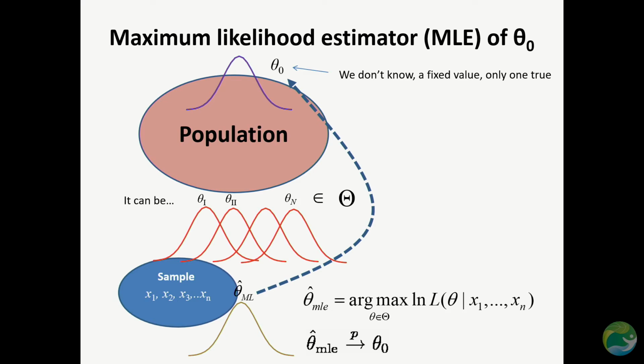For example, what is the average body length of Taiwanese people? We don't know the true value of the population, but we can have a sample.